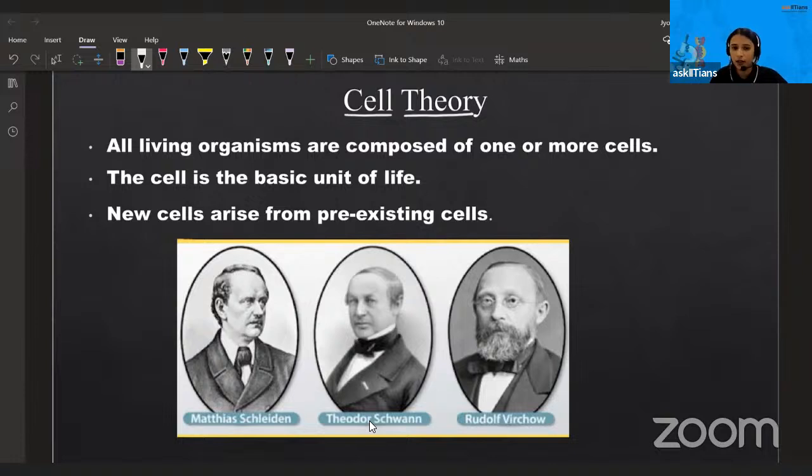Schwann said not only plants, even animals are made up of cells, and they are surrounded by an outer covering known as the cell membrane. Based on their study, Schleiden and Schwann together proposed the cell theory. But they failed to explain how new cells arise.